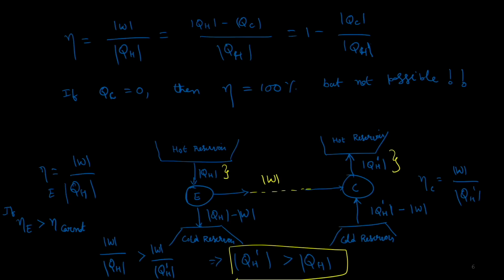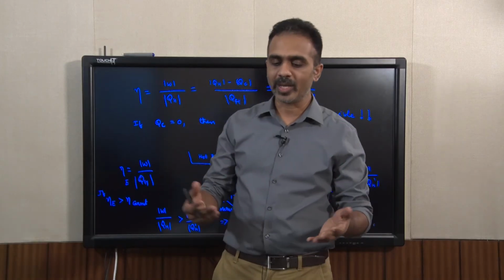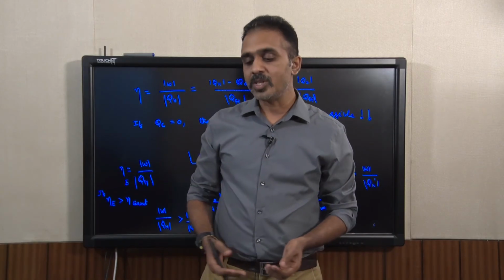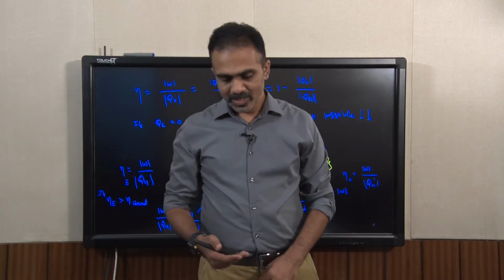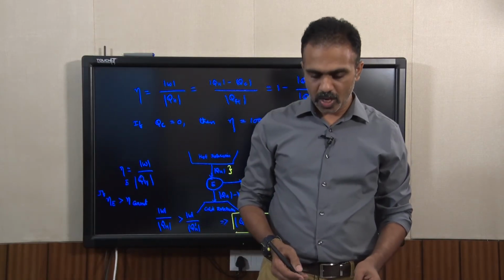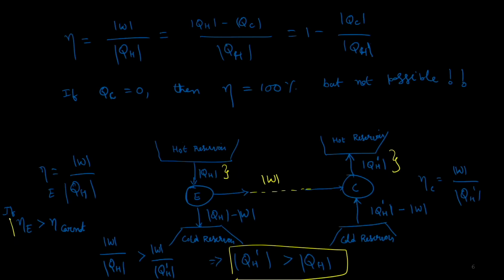If you look at the overall scenario, there is no external work on this engine and refrigerator combination, but then we are drawing some heat from the cold reservoir and rejecting it to the hot reservoir without actually doing any external work, which is again a violation of the second law statement. That is not possible, which means this cannot be true.